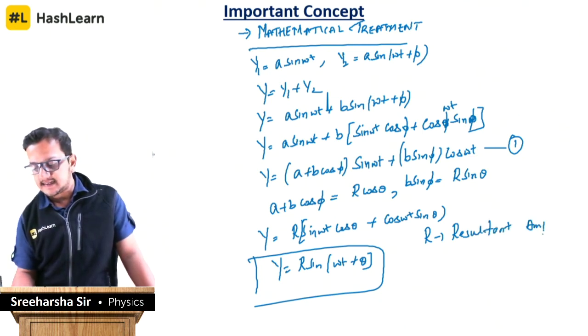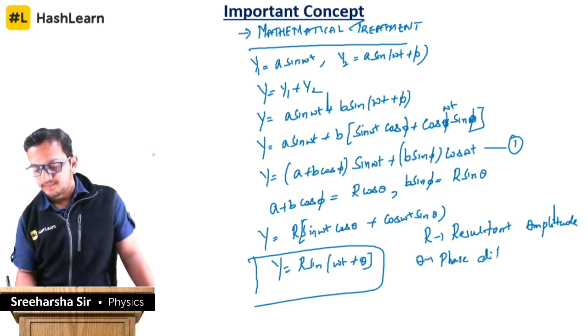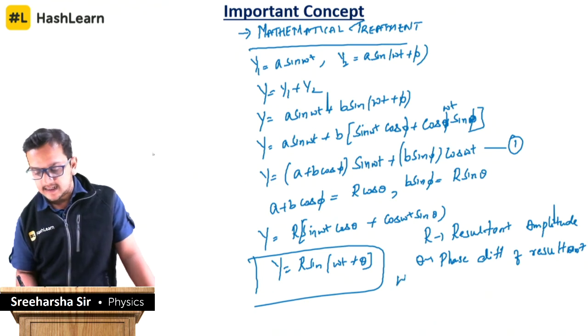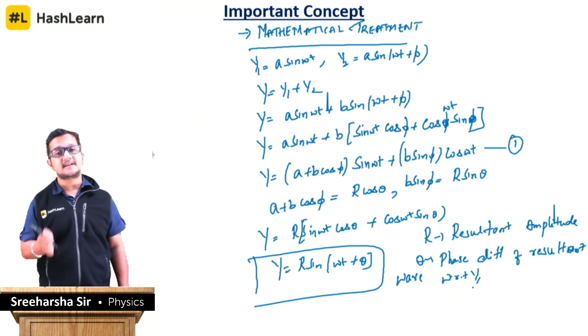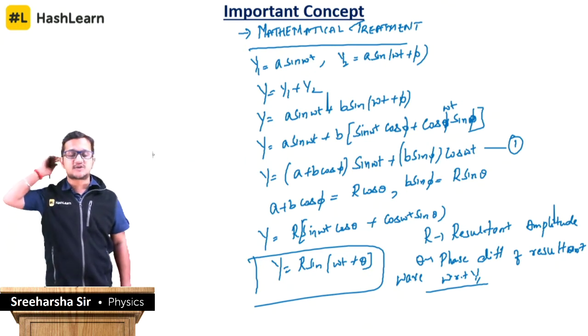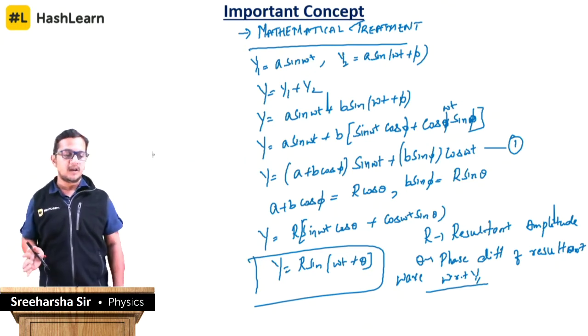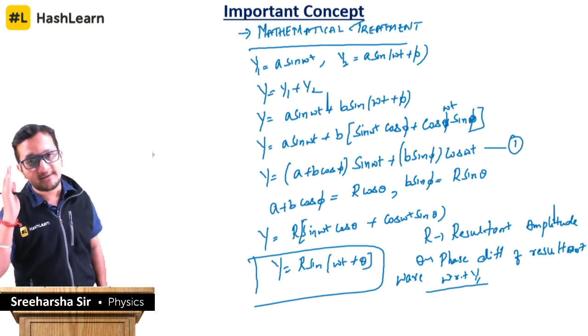R is the resultant amplitude and theta is the phase difference of the resultant wave with respect to y1. So theta is the phase difference of the resultant wave with respect to y1.